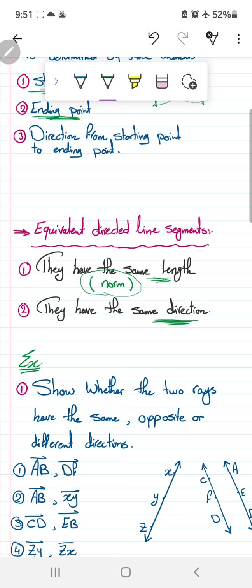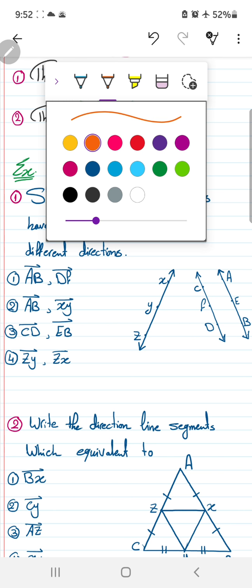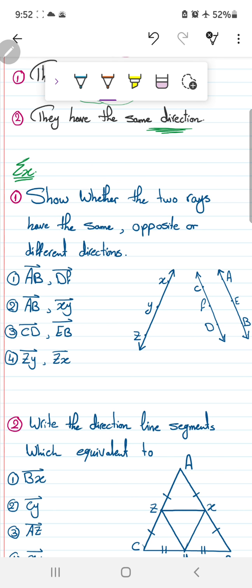We have some examples. Number 1: show whether the two rays have the same, opposite, or different directions. First of all, if we have two parallel straight lines, we have two ways: they have the same direction or the opposite direction. If they are in the same direction, they are the same.